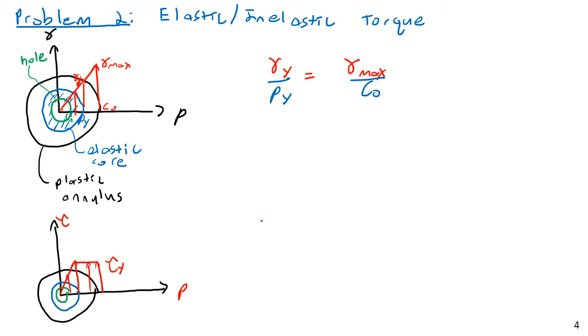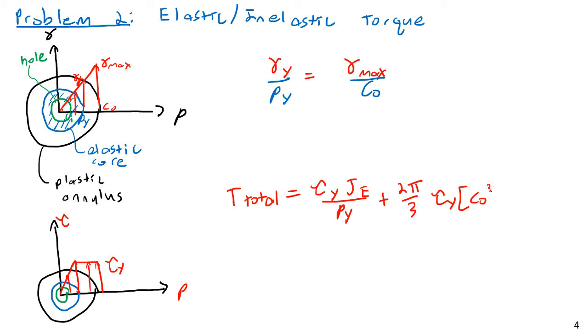So then the relationship is going to be, from this, if we get the forces from this, the total torque, T total, is equal to tau yield, J_E, the polar moment of inertia, over rho y, which is then equal to this, plus 2 pi over 3 tau y times c_o cubed minus rho y cubed.